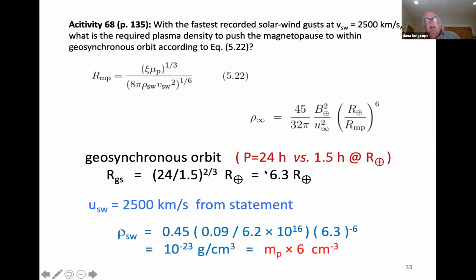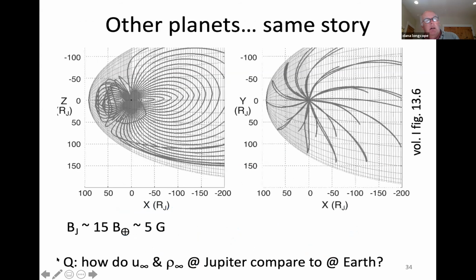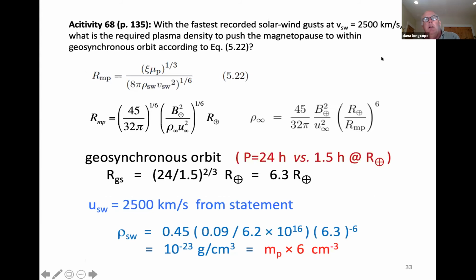You plug it in, you find out it's, where did I put it down here? Oh, all right. I think it's beyond here. Sorry, I don't have the answer here, but oh yeah, there it is. You end up going closer than geosynchronous orbit.